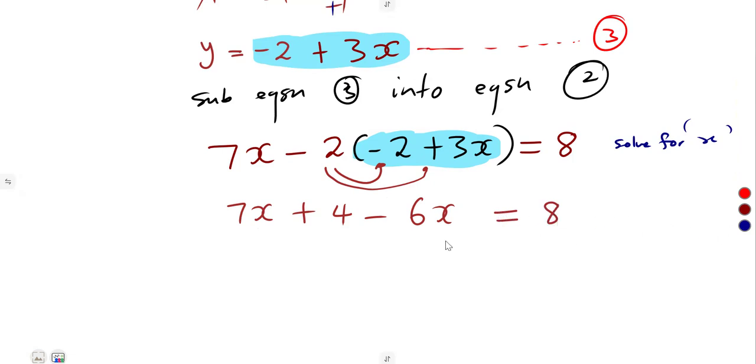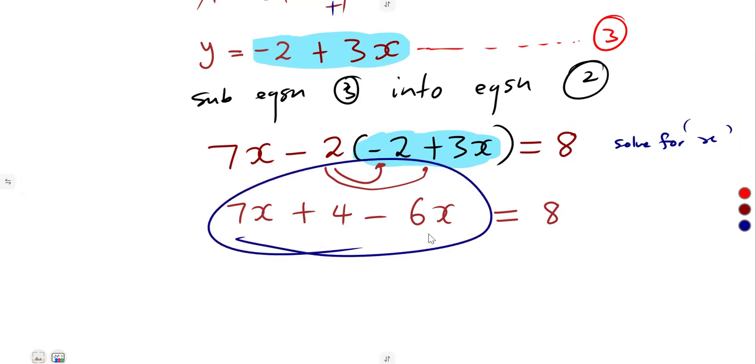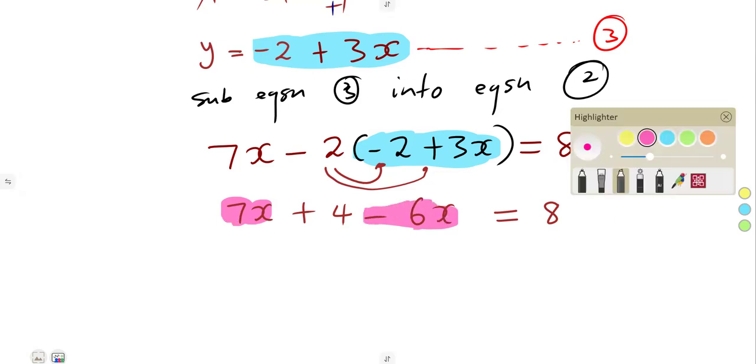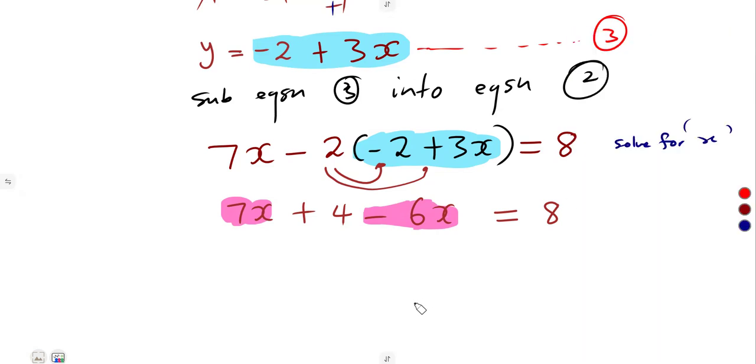Collecting our like terms, as we are simplifying the left hand side of our equation, we have got 7x and minus 6x here. So that is 7 minus 6, which is 1x. So that is x plus this 4, which is equal to 8.